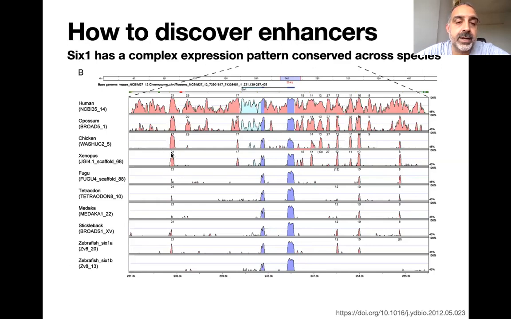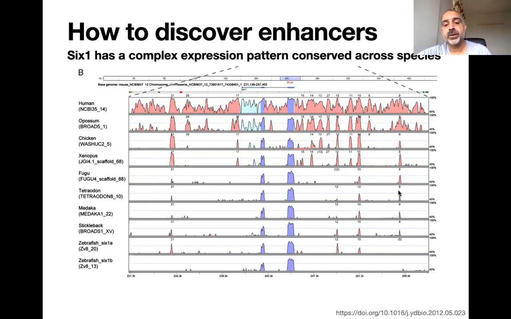Okay, and so they've classified all of these elements as being highly conserved, all the way down to zebrafish, for example. Here, this fragment here is not found in teleosts, but is found in stickleback, for example, medaka, and so on.